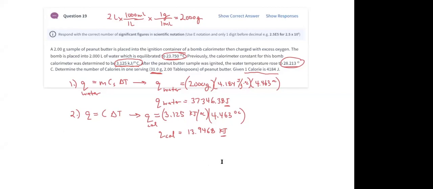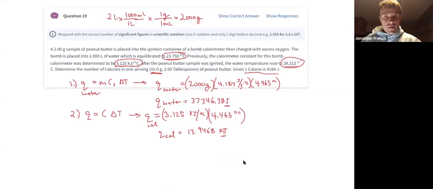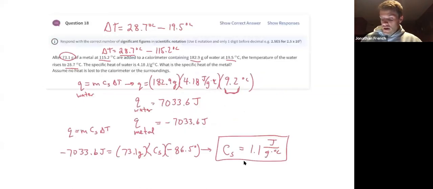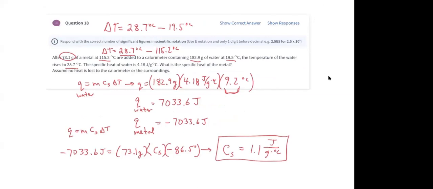Why would it be 2 sig figs if the smallest in the question is 3 sig figs? I think they're getting it from the change in temperature between the two, which is 9.2 degrees. That's the only thing I can think of that they're getting the 2 significant figures from.